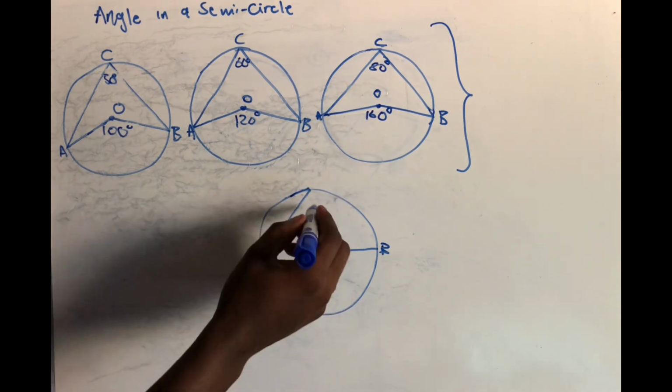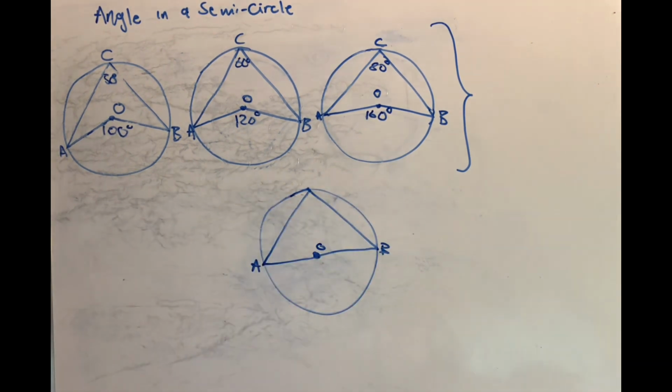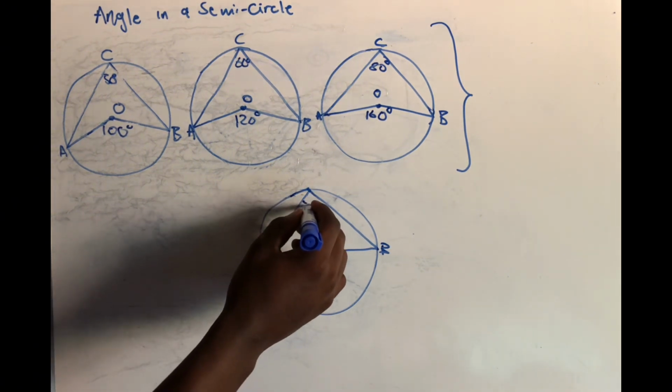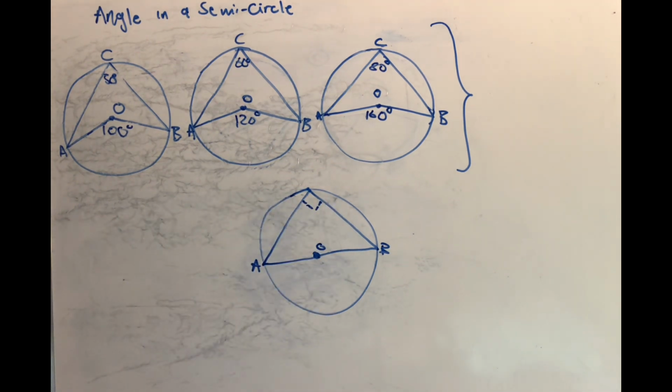We're extending an angle, and then they're saying that this angle is equal to 90 degrees. So now a diameter is a straight line. Now, we are all clear about that. A diameter is a straight line.